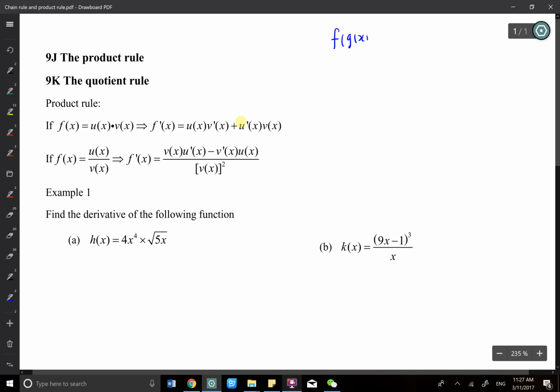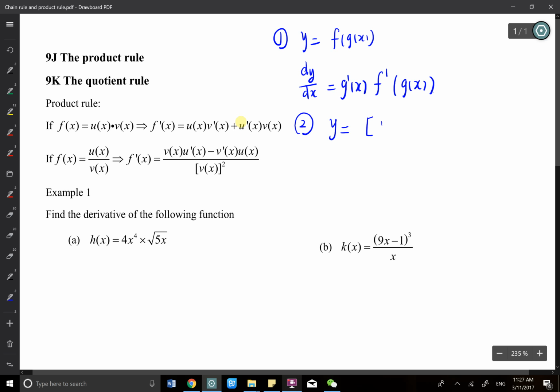If we have y equals f of g(x), then dy/dx is: derive the outer function, and then multiply by the derivative of the inside, but we still remain the g(x) inside. That's the first one for the chain rule. The second one is a special form of the first one.